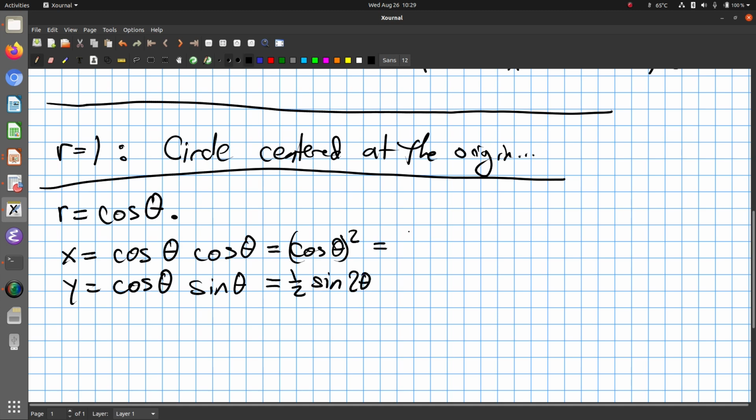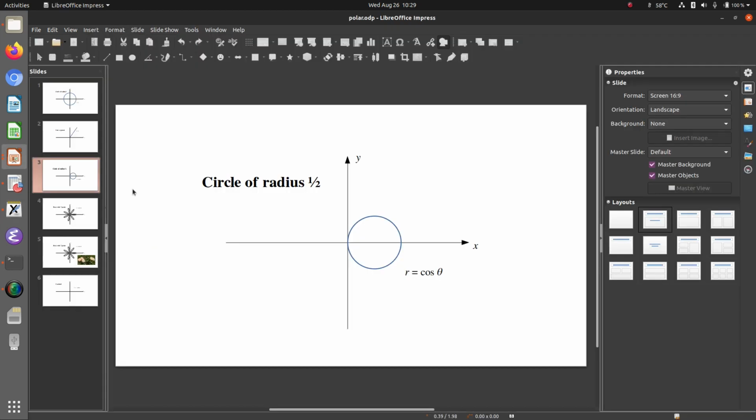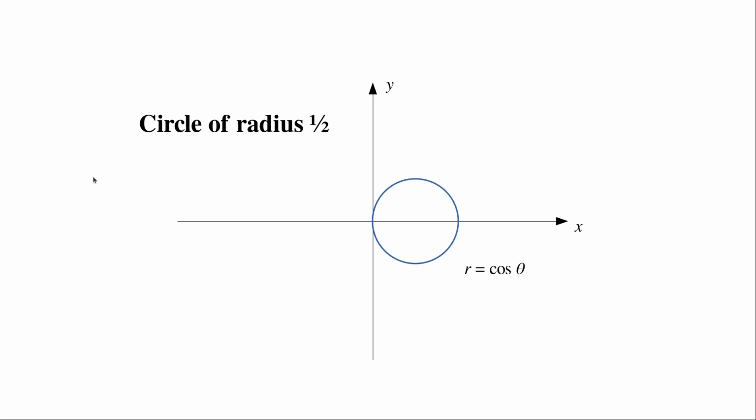I can use a trig identity for cosine. And the thing to notice is that now I'm parametrizing. This is the parametric equation for a circle of radius 1/2 centered at the point x equals 1/2, y equals 0. And indeed, that is in fact what happens.